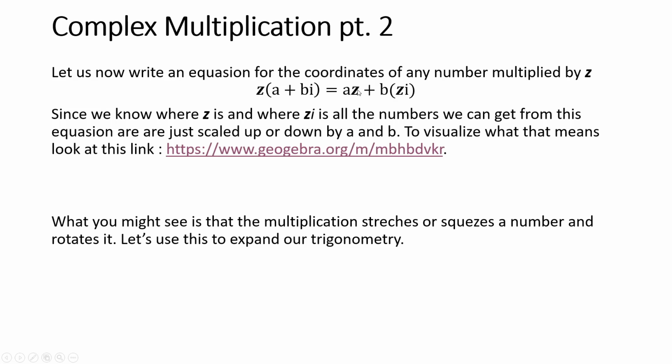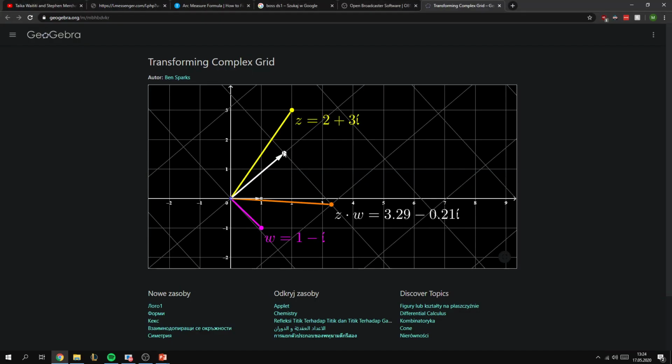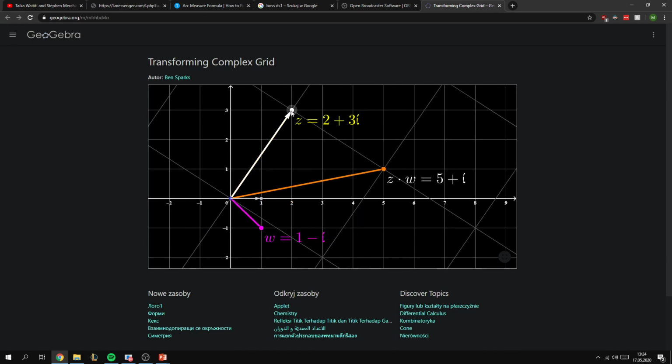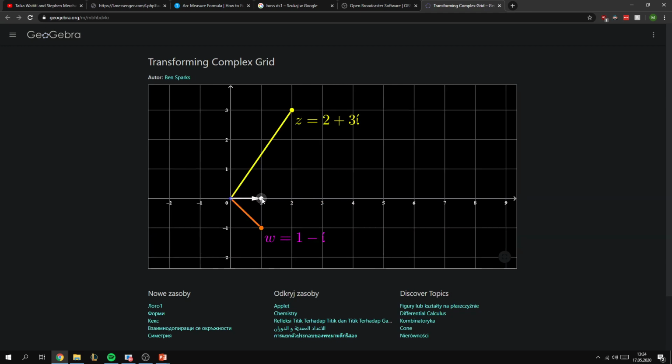And since we know what z and zi are and where they are, every number on the complex plane will be just scaled up by a and b, which means that in our example the vector of 1 is going to have its length multiplied by the length of the vector of the z point, which is going to scale up 1, and it's going to scale up every other number by the length of z.